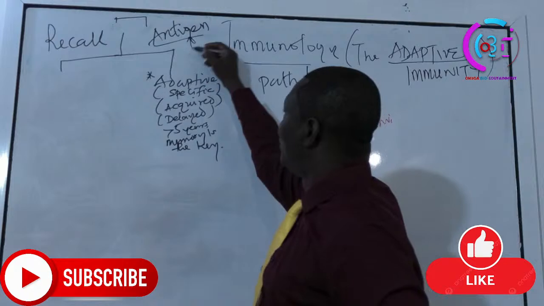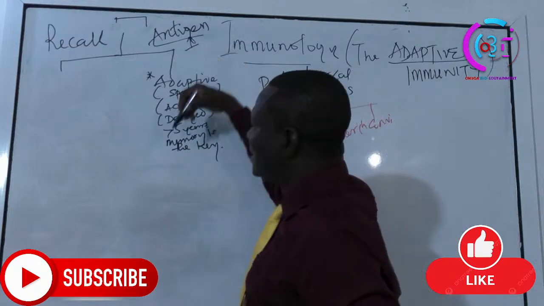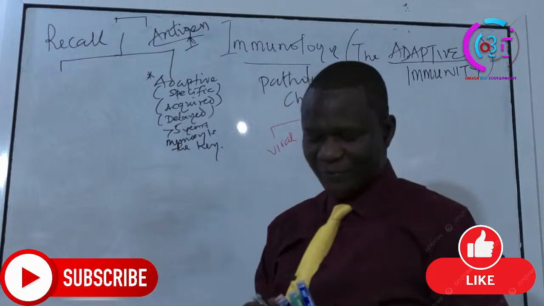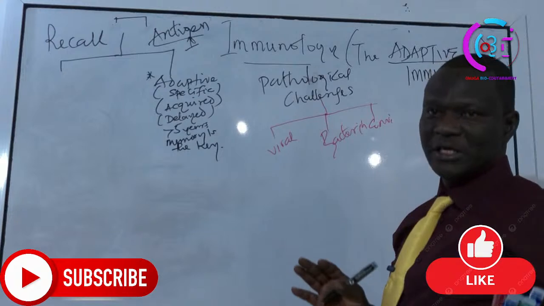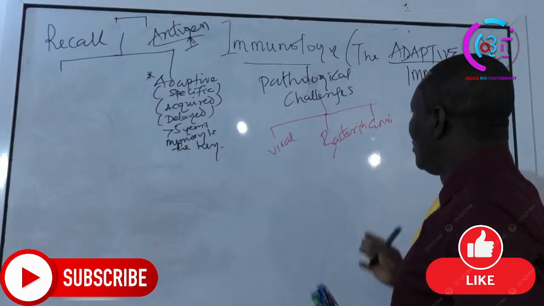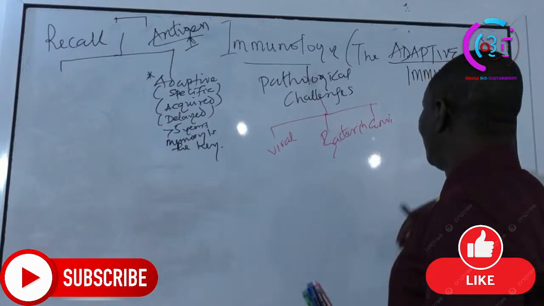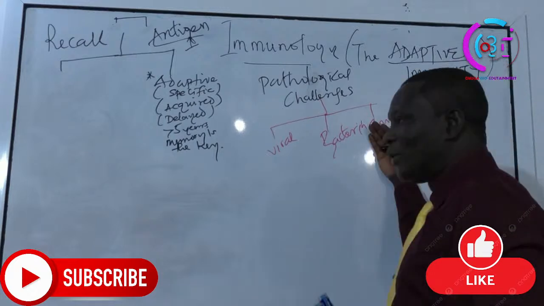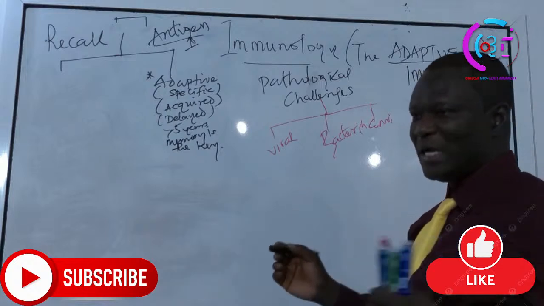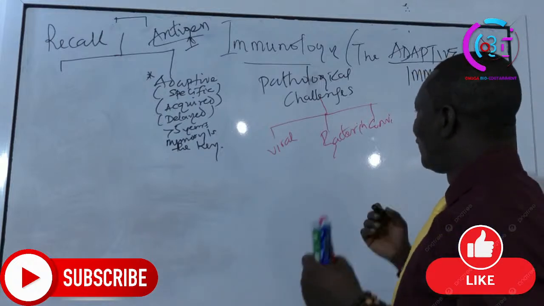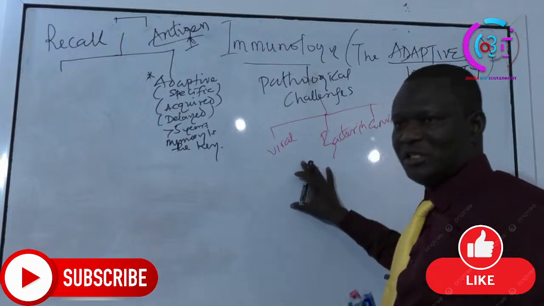So the innate immune system will just recognize that we have an invader. It will not be able to differentiate whether this is a viral particle, or from a bacterial infection, or an environmental challenge, or from a fungus, or any other challenge from anywhere. So it won't be able to differentiate.